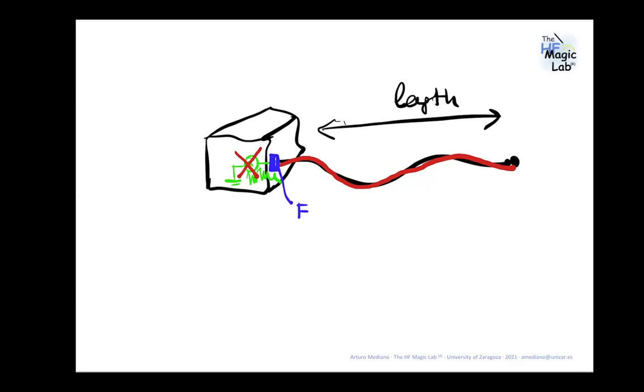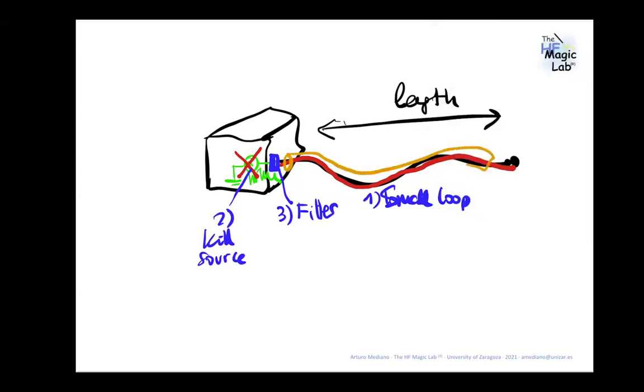So let me write here. The first solution is a small loop. The second solution is kill the source. The third solution is filter. And the fourth solution, perhaps the last option, is shielding, but shielding with a good technique.